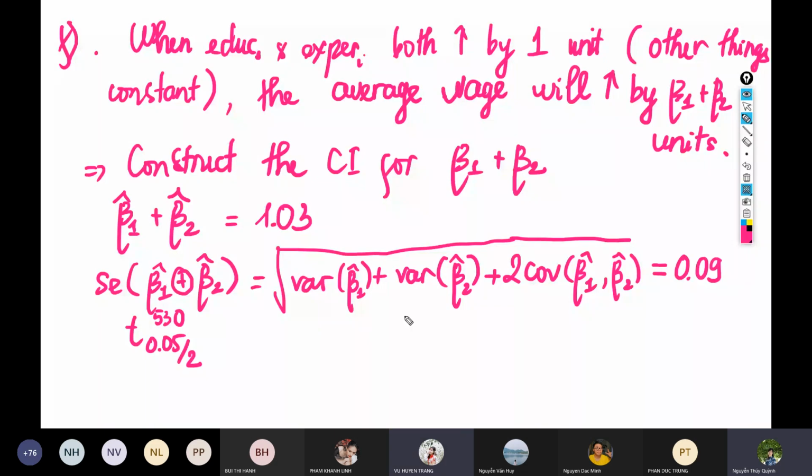And what is the critical value of t? 1.4.